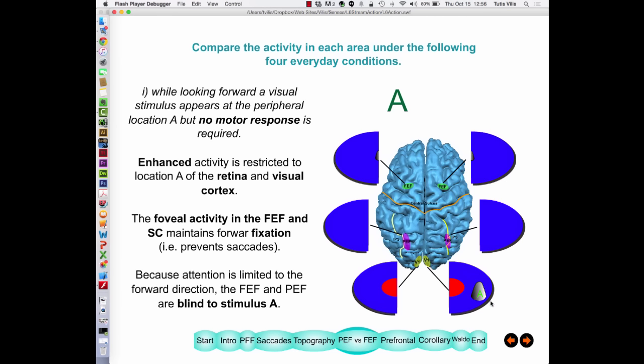Well, the only activity that would happen is that a stimulus would appear in the peripheral part of V1. Because you're not attending to this A, none of these structures would be activated except the frontal eye field, which has an activity in its foveal area, because that's suppressing saccades.